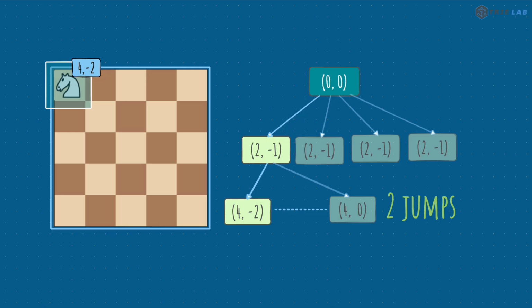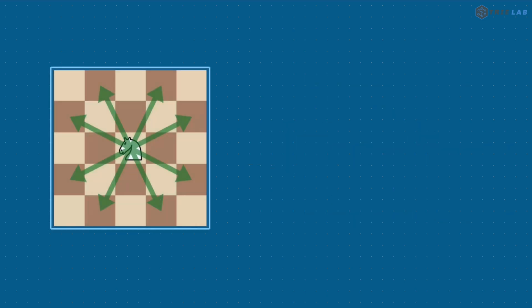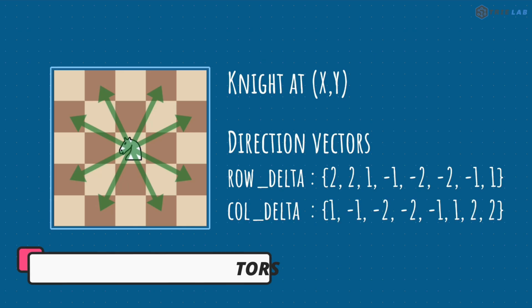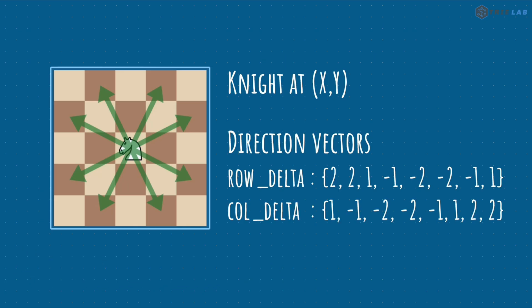Now that we have established how the graph is constructed on the fly, let's talk about how we can actually move the knight around. As discussed earlier, a knight has 8 possible moves. To handle these moves efficiently, we'll use direction vectors, which define how much the knight should change its row and column for each particular move. We'll create 2 arrays, one for the row deltas and one for the column deltas, each containing 8 values representing the knight's unique L-shaped jumps.